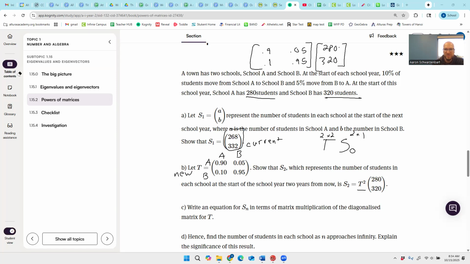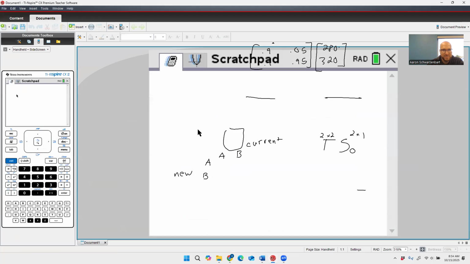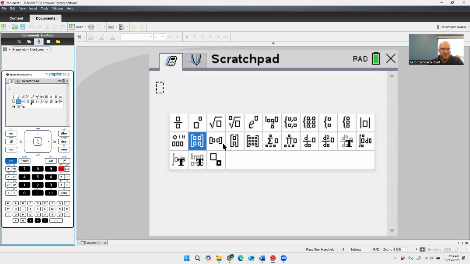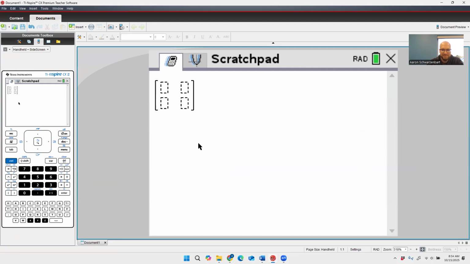So if I want to do S2, let's go to the calculator and let's just plug these in. And I'm just going to store my matrices.